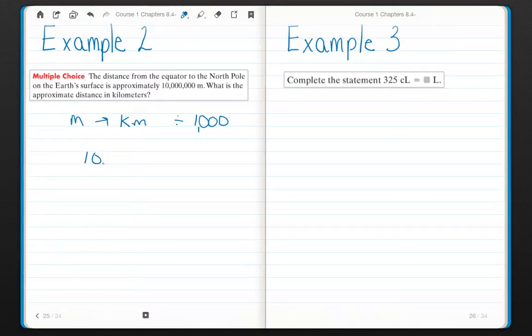So 10 million. Since I'm dividing by 1,000, I can move the decimal 3 places to the left. 1, 2, 3. Therefore, there are 10,000 kilometers between the North Pole and the equator.